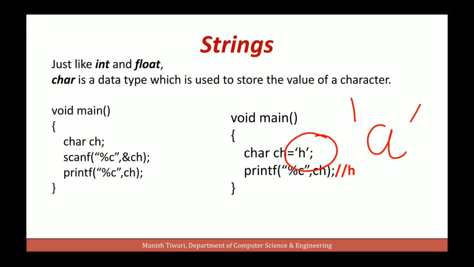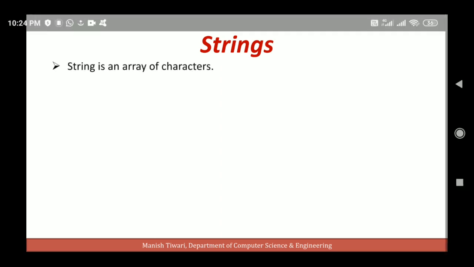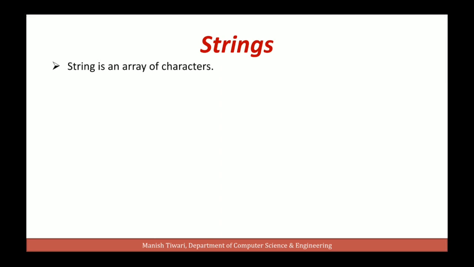And what is a string? A string is a collection of these characters. A string is nothing but a word or a sentence, or you can say a sequence of characters. In C programming, a character array is used to represent a string. So a string is an array of characters.